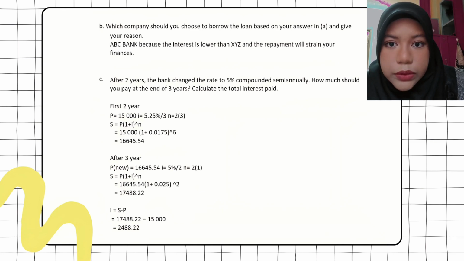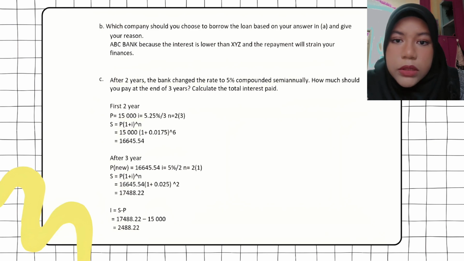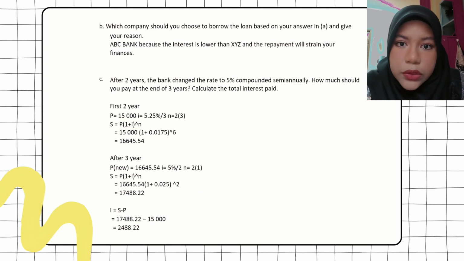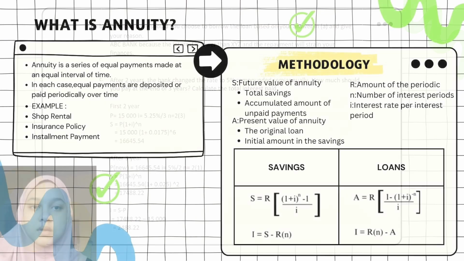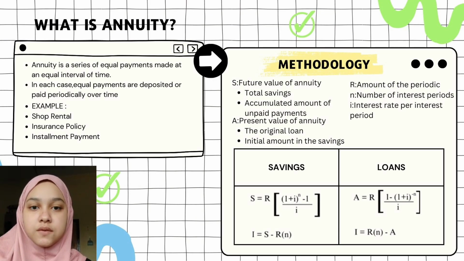After 3 years, we use P equals 16645.54, i equals 5% over 2, and n equals 2 multiplied by 1. So 16645.54 multiplied by (1 plus 0.025) to the power of n, and we get S equals 17488.22.